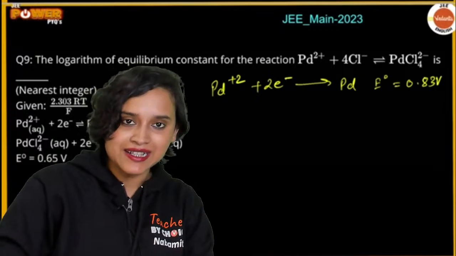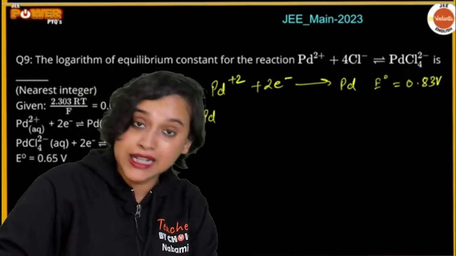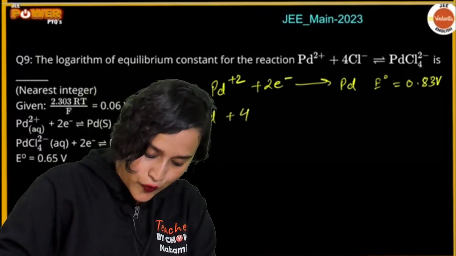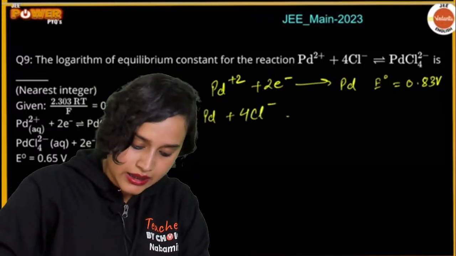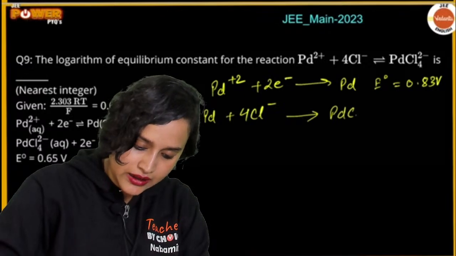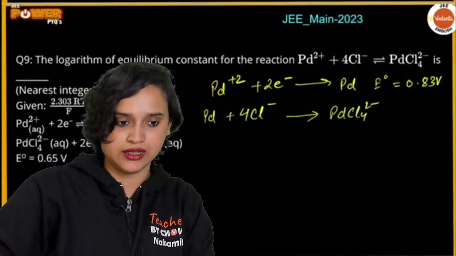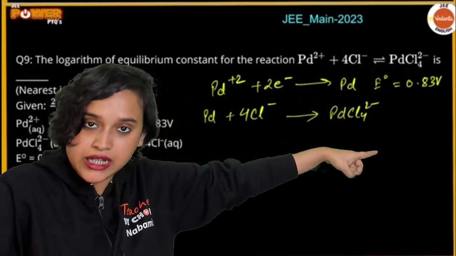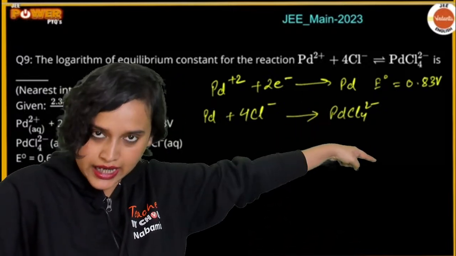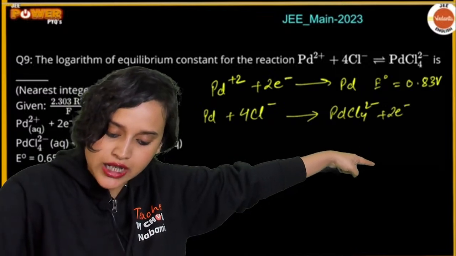Now, next part is, everybody, have a look. Pd plus 4Cl minus forms PdCl4 2 minus. Now here Pd has come to Pd plus 2, right? So I have to write here 2 electrons.